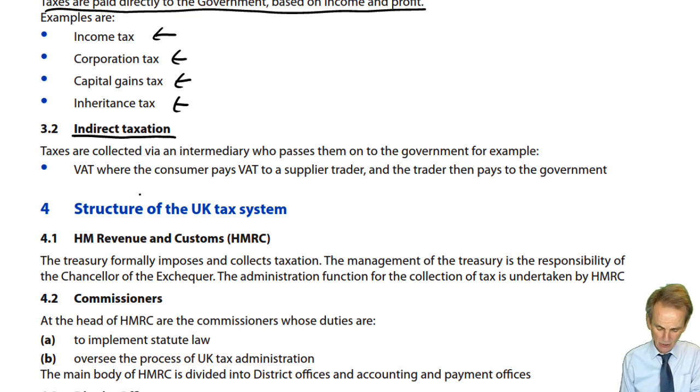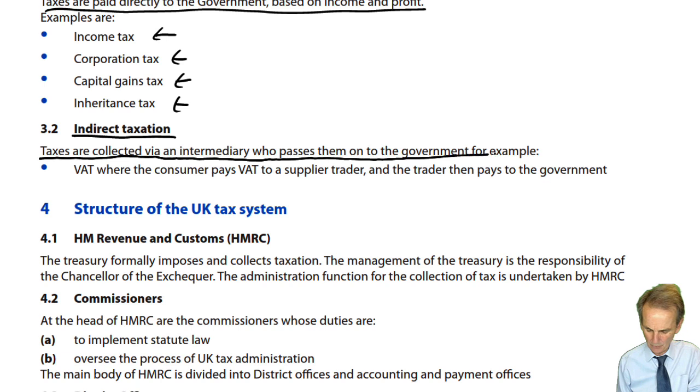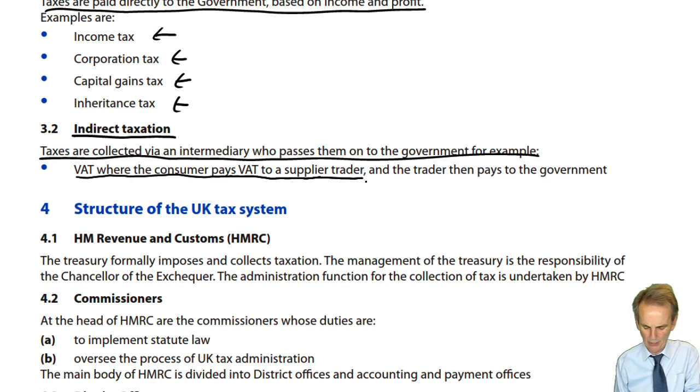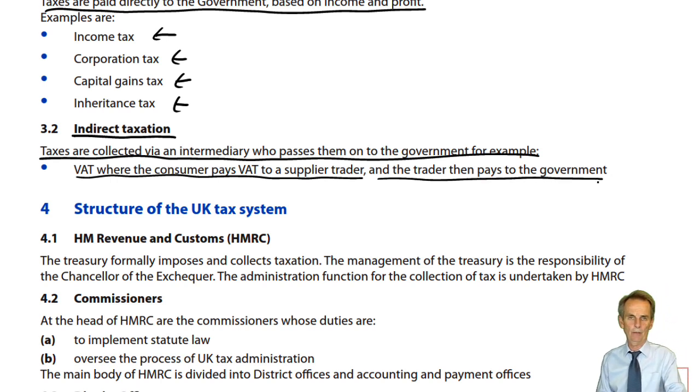There is an intermediary. Taxes are collected via an intermediary who passes them on to the government. For example, this is what we see with VAT where the consumer pays VAT to a supplier trader, and the trader then pays over to the government.